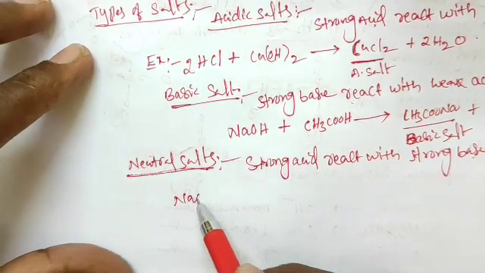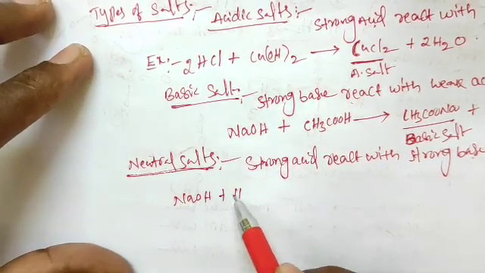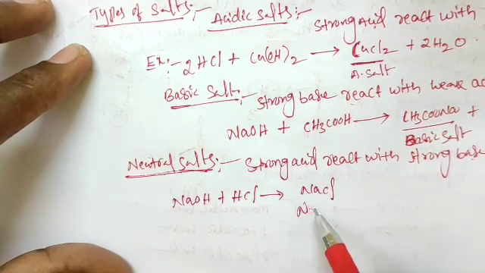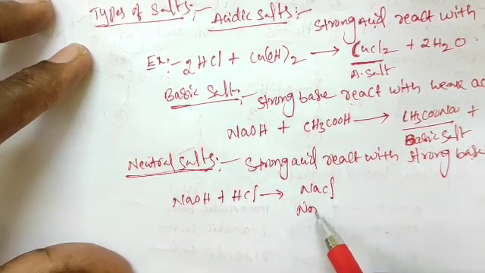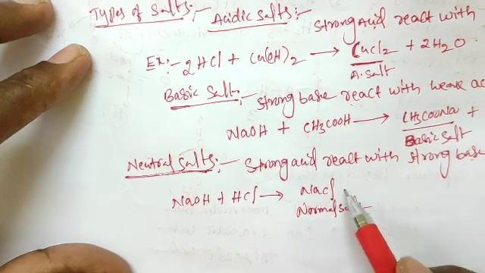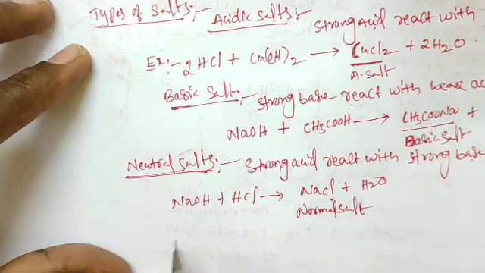Example: NaOH, a strong base, plus HCl, a strong acid, gives NaCl, a neutral or normal salt, plus H2O.